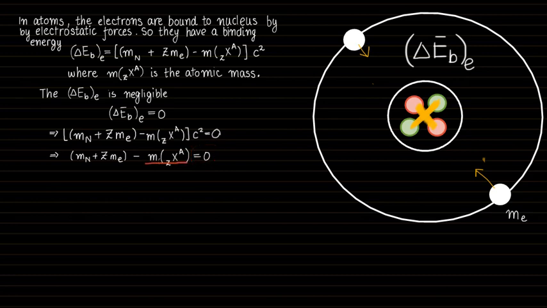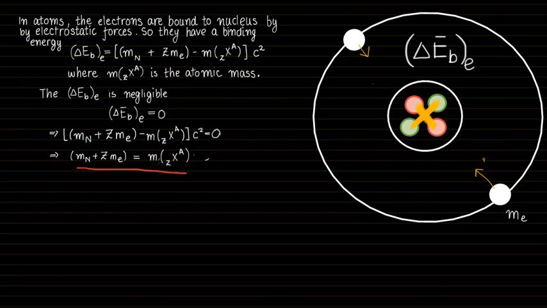And when is this case possible? This case is possible only if the nuclear mass plus the total mass of the electrons is equal to the atomic mass. Or if you look here, there's one more way to show it. If I send this quantity to the other side of the equation, what will happen? This negative will become positive. So the nuclear mass plus the total mass of the electrons is equal to the atomic mass.